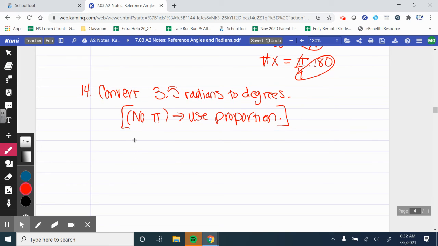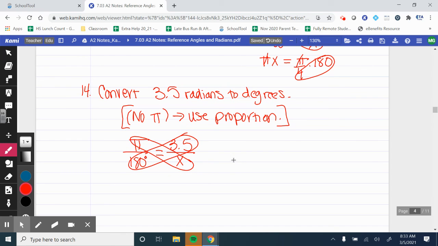Our proportion says pi over 180, because we know they're equal to each other, equals radians over degrees. I know that the radians is always across from the pi. If you did happen to flip it to be 180 over pi, then radians would go on the bottom. But here pi is on the top, so radians goes across from that. And we're solving for the number of degrees, so we'll call that x. Now we're just going to cross multiply here.